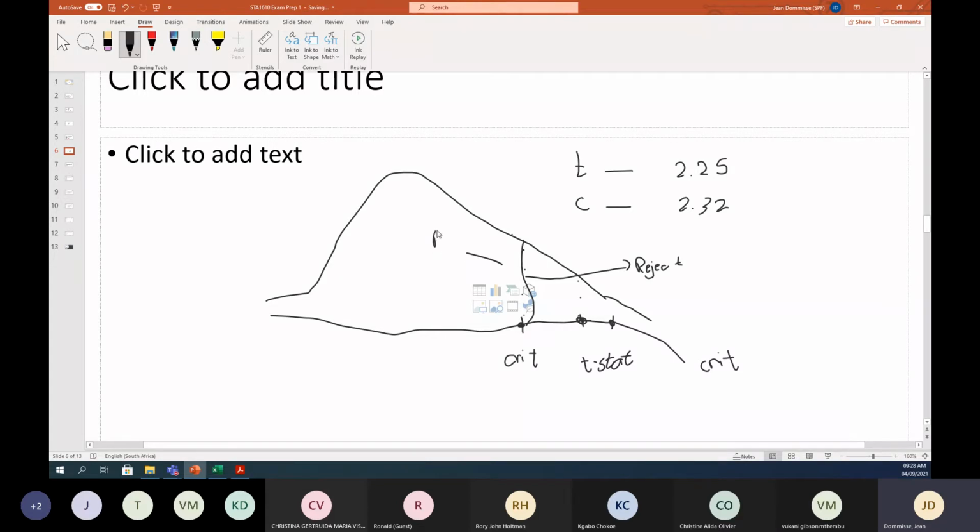But if my critical value is bigger, like we have now, so this is our actual, the critical is bigger than the T, we will accept H0. Accept H0.